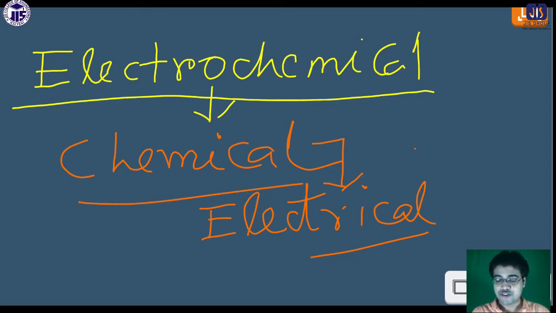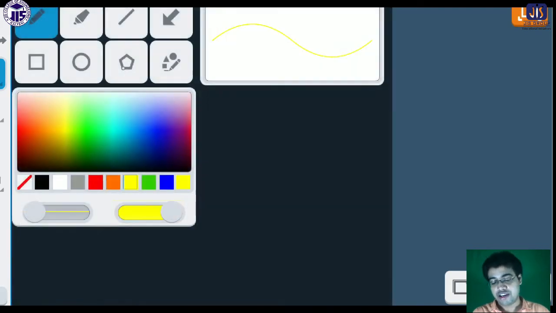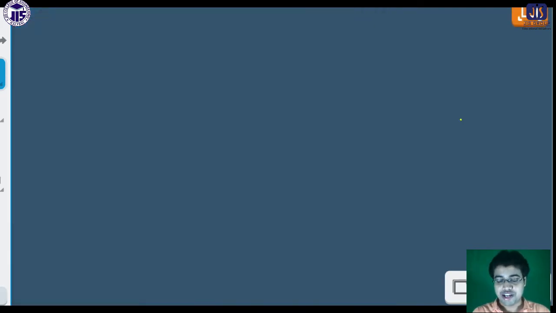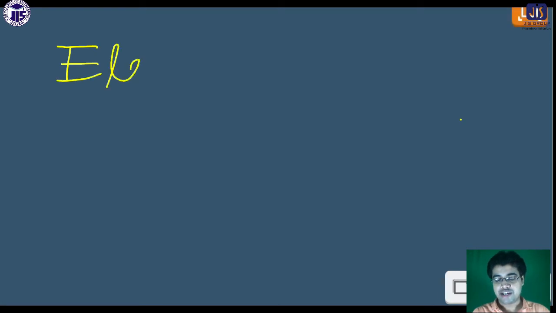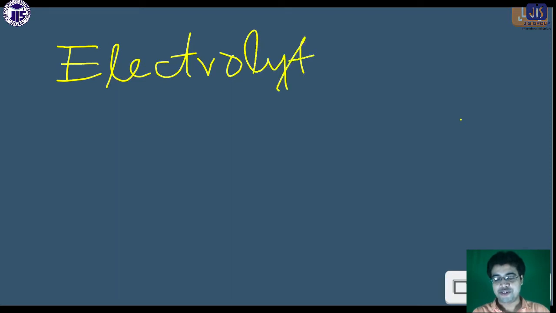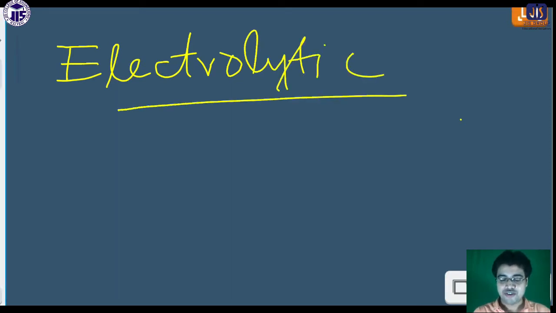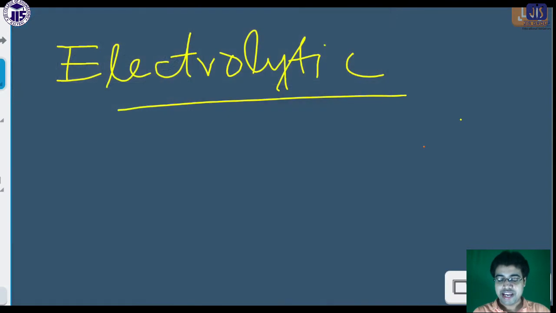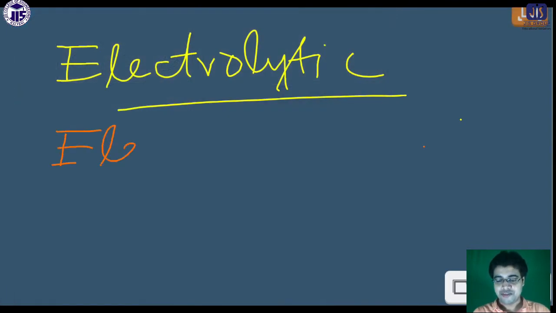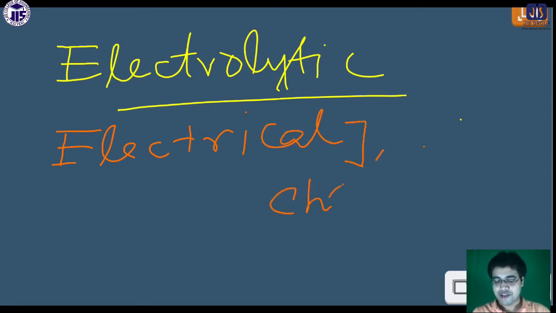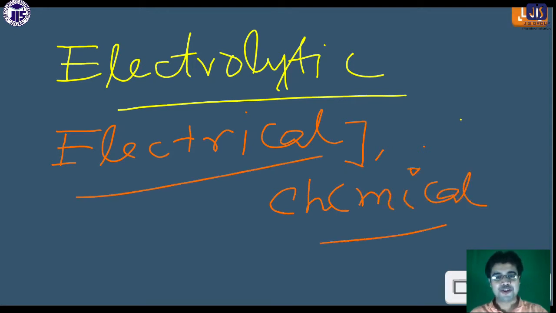But in the case of the electrolytic cell, it is the opposite direction with respect to the electrochemical cell. In an electrolytic cell, electrical energy is converted to chemical energy, just the opposite direction.